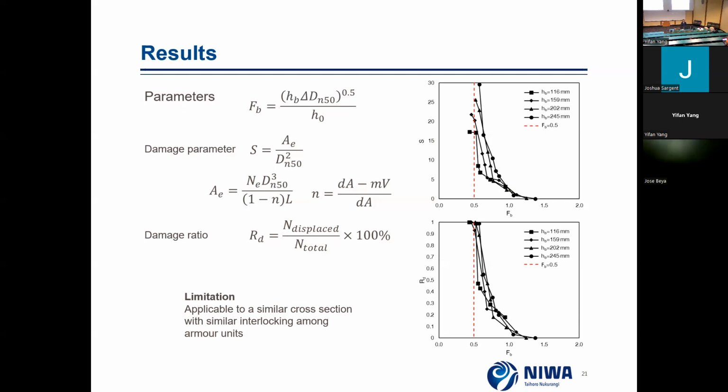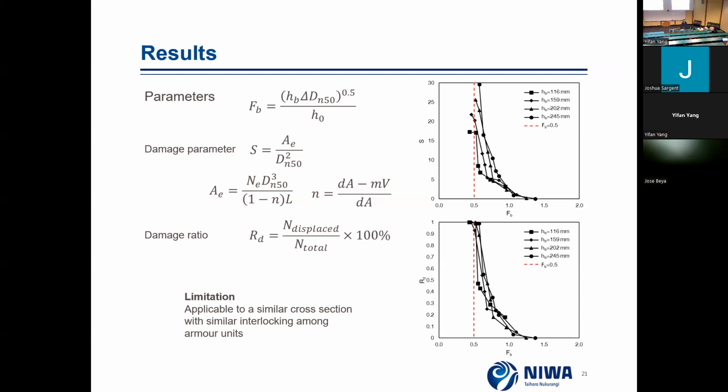And we have 2 damage parameters from literature, the damage parameter S and the damage ratio RD. So this RD is simple. It's the displaced number of units divided by the total number of units.